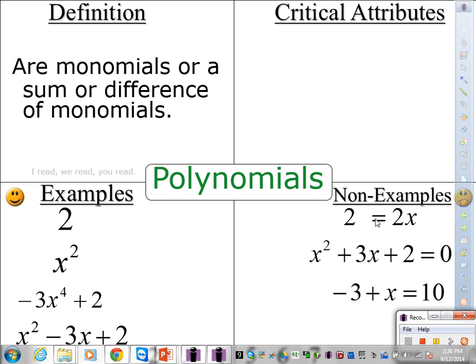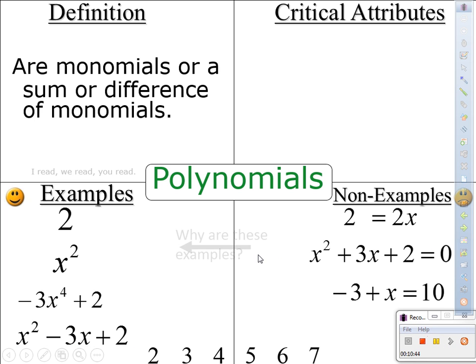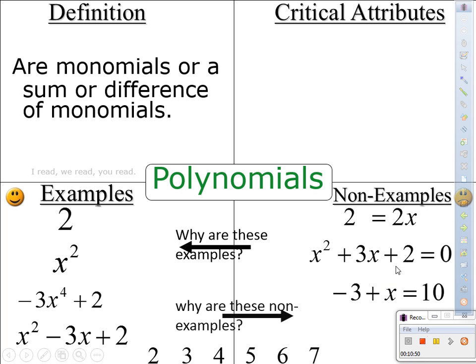Think about it as you're writing them down. If these are not polynomials, why do you think these are not polynomials? Okay, talk it over with your neighbor. Why are these not polynomials? Go.